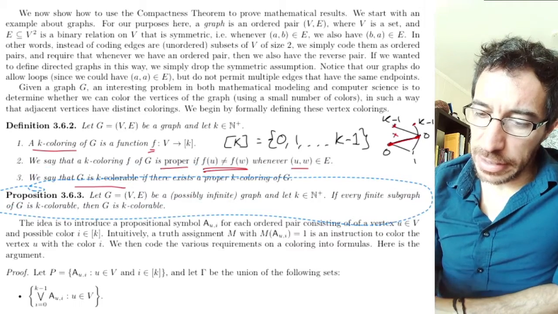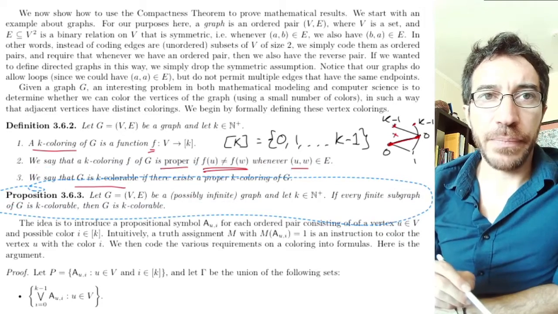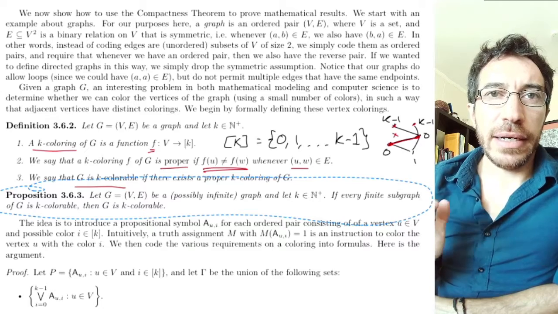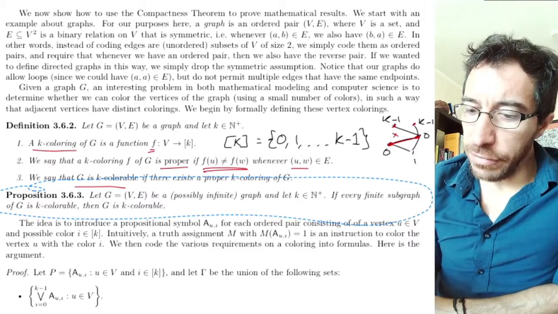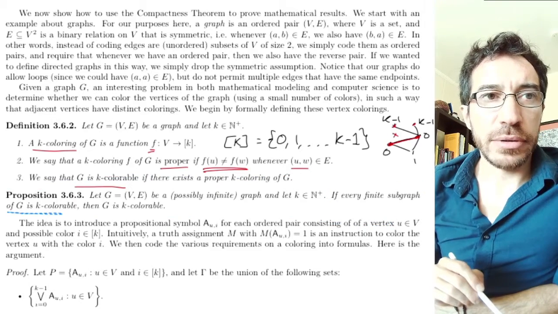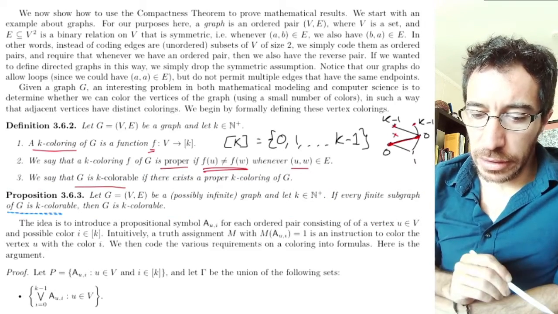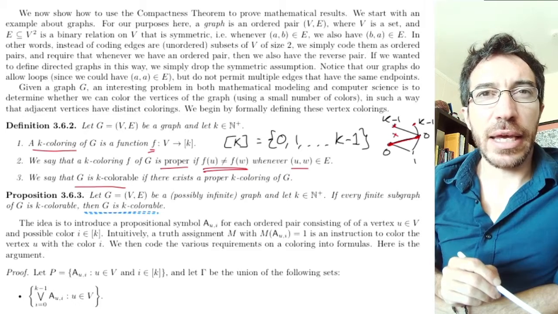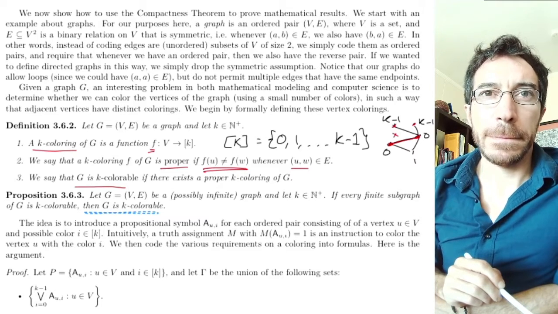So let G be a graph and k be a number. Then the proposition is the following: if every finite subgraph of G is k colorable, then G is k colorable.